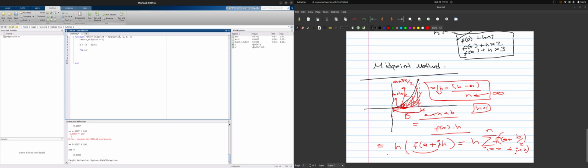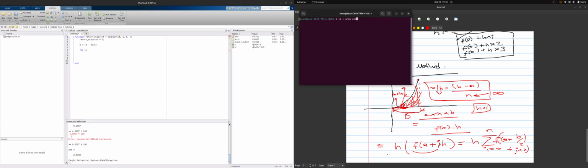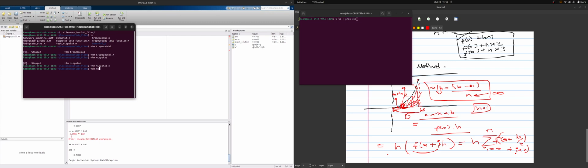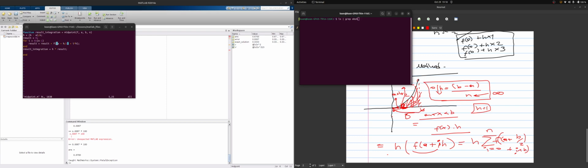For I, in this case I is going to go until n minus 1, from 0 to n minus 1.